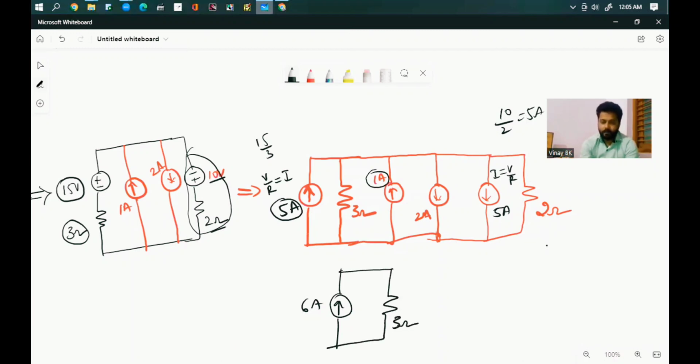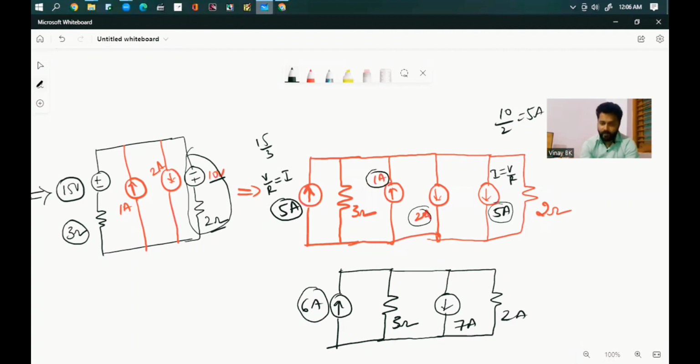Similarly, 2 and 5 amperes are flowing in the downward direction, so 5 plus 2 is nothing but 7. Same direction means addition. 7 amperes is flowing downward with respect to the 2 ohm resistor. So now we can observe 6 amperes is flowing upward, 7 is flowing downward.